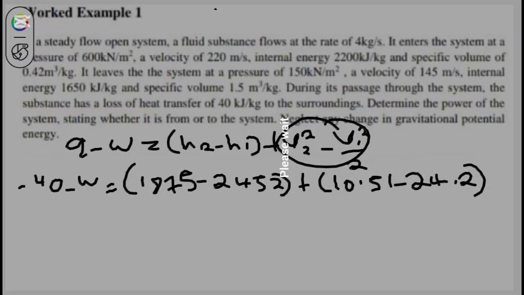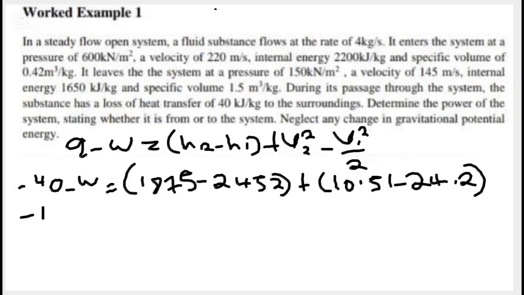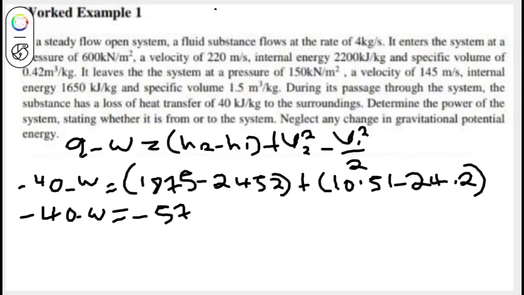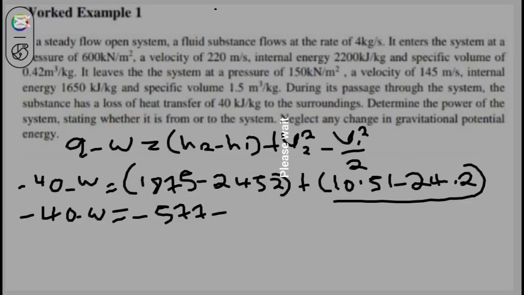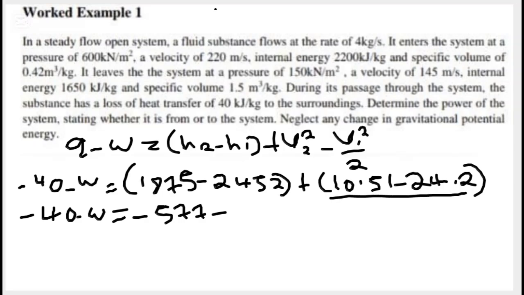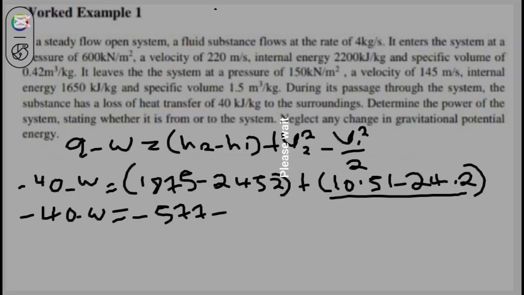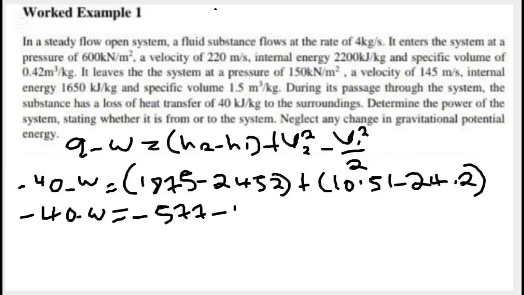So at the end, I'll say minus 40 minus W, it is the same thing as, after calculating this, minus 577, and then also minus this. If I subtract this from this, I'll end up with a negative sign. So negative and positive, it is the same thing as negative. So I have to say negative 13.69.